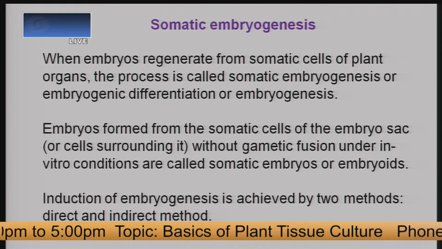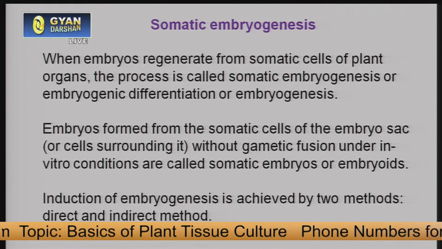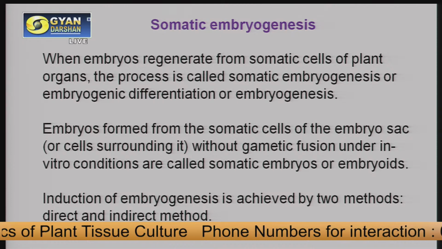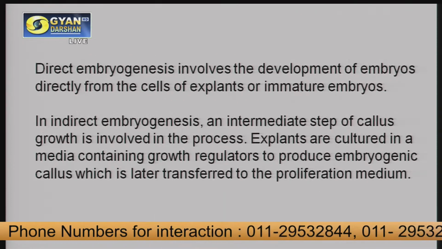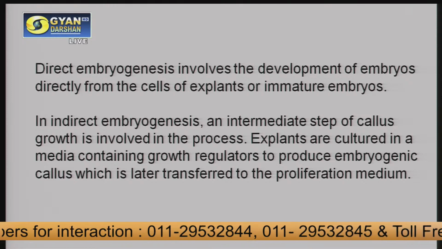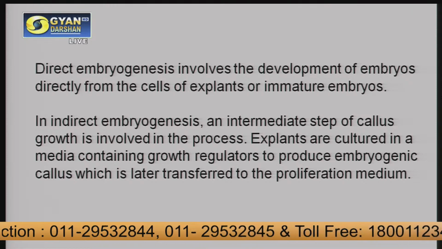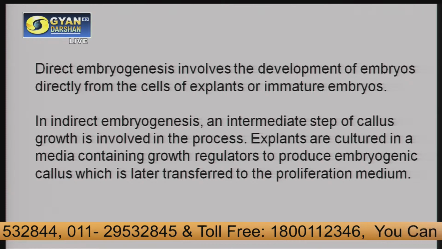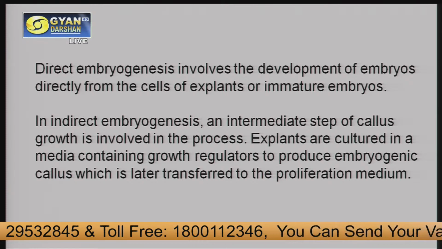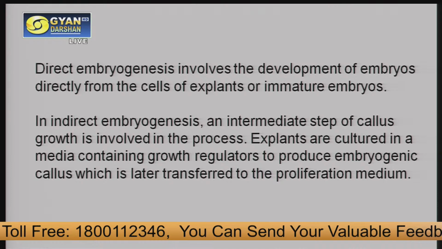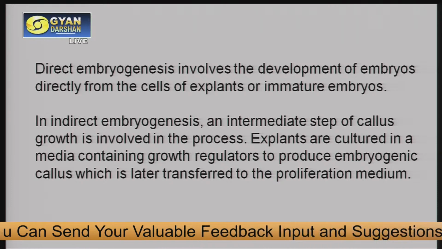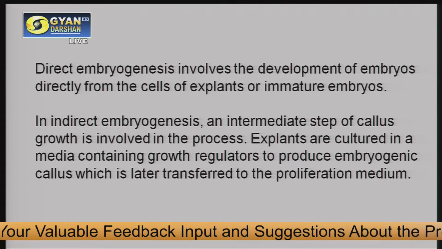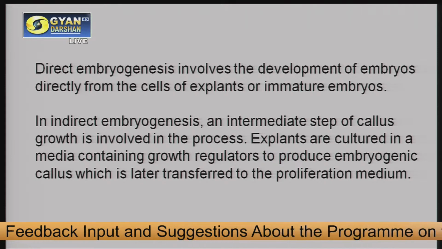Now why do you need to induce somatic embryogenesis? Now this somatic embryogenesis can also be either indirect or direct. Direct means when they develop directly into the entire plantlet, and indirect embryogenesis is when you again induce callus formation, and then you try to develop the plantlet out of it.